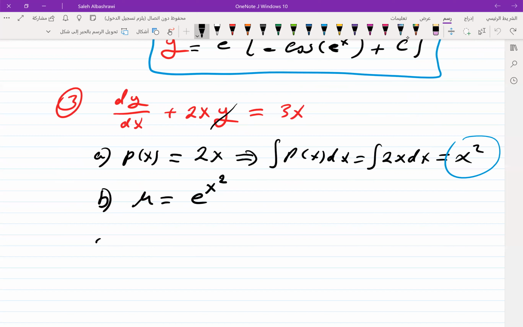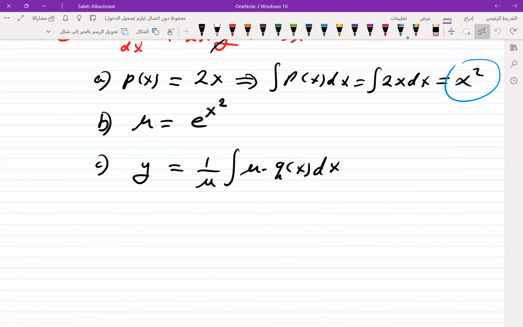Now the solution is written as y equal to 1 over mu multiplied by integration of mu times q of x dx, which is equal to 1 over e to power x squared multiplied by e to power x squared times q of x, which is 3x, dx.